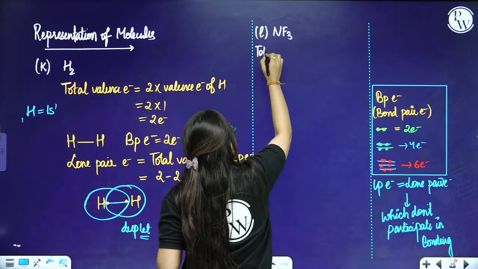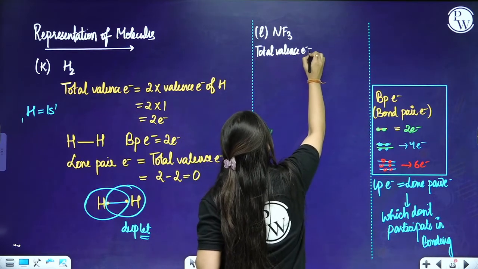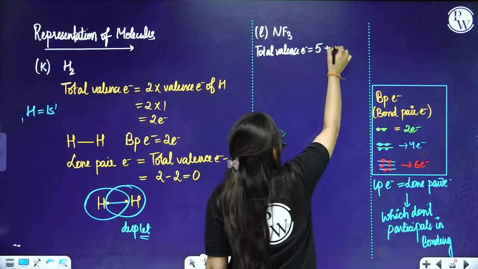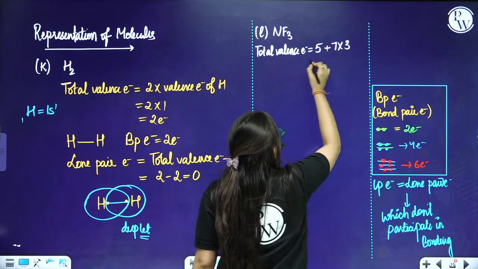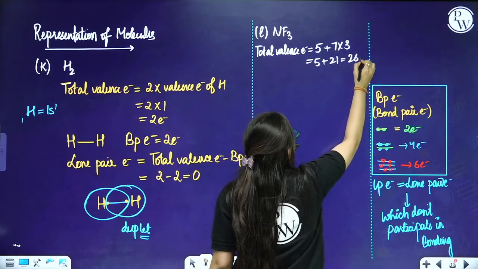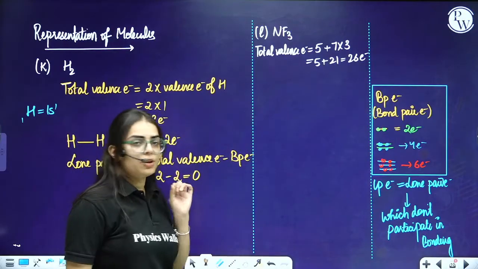Calculate total valence electrons, everybody, first of all. For nitrogen, how many valence electrons? 5. For fluorine, how many valence electrons? 7. How many fluorine? 3. So this comes out to be 5 plus 21, that means 26 valence electrons. Now show a single bond in each and every case.